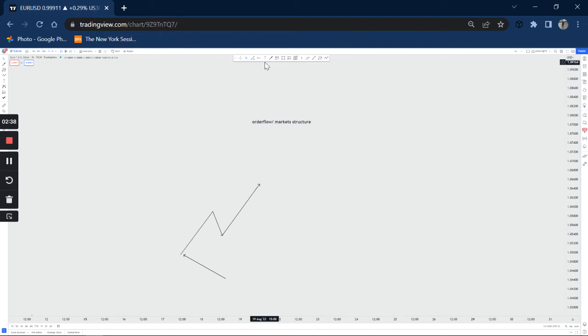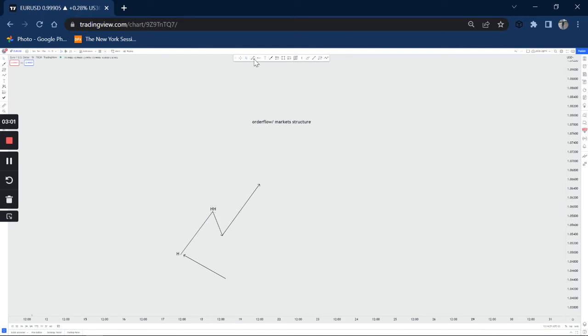So I'm just gonna label this so that you guys don't get confused. What do we have here? We have highs, and we have higher highs. These highs are higher than these highs, so that's why we call these higher highs.